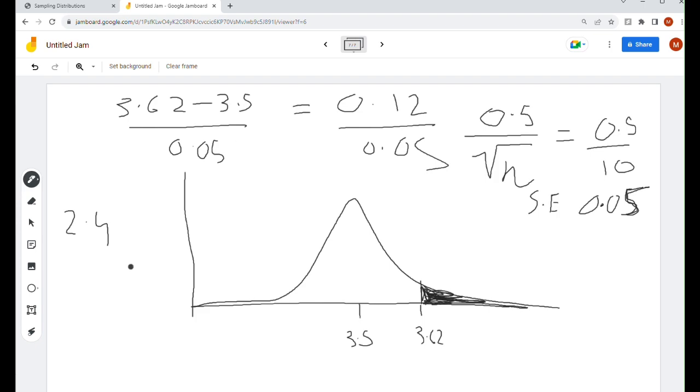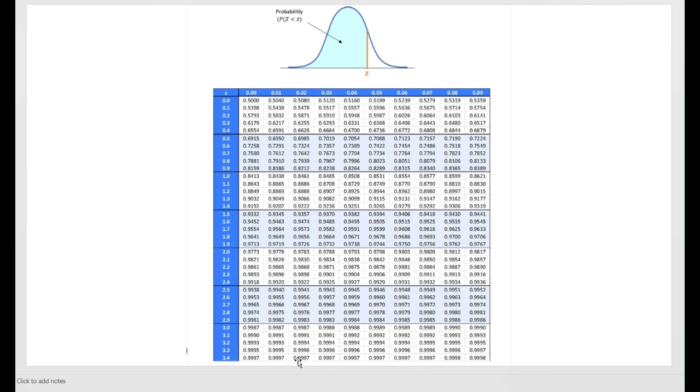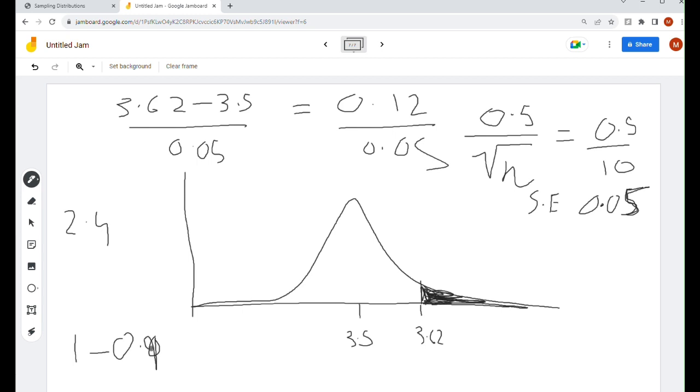So 1 minus 0.9918. That gives us a very small number, 0.0082, or 0.82%. So only a tiny portion of the sampling distribution lies beyond 3.62. So that is our answer, right?